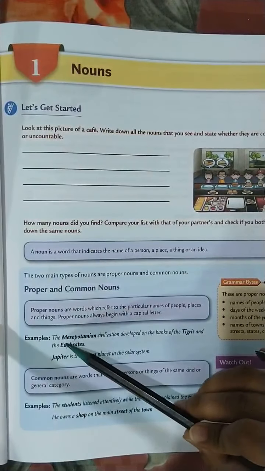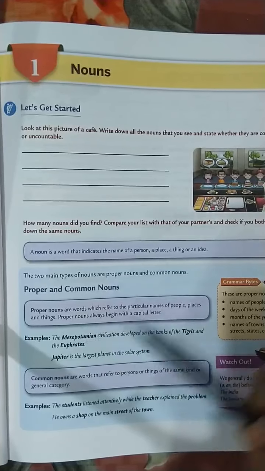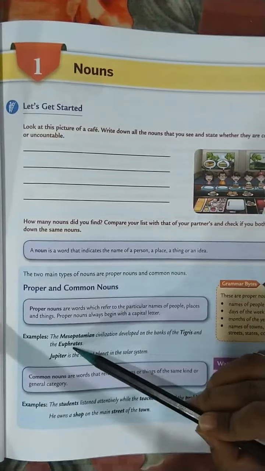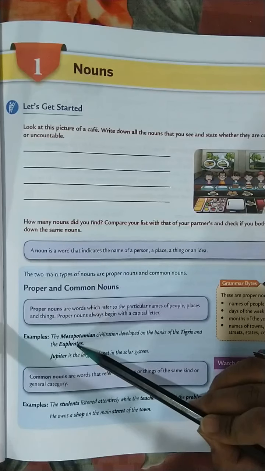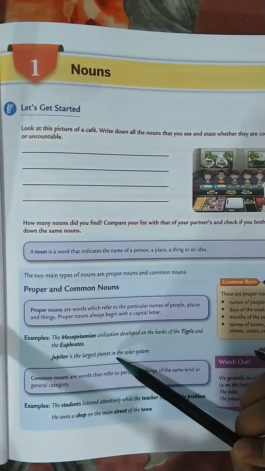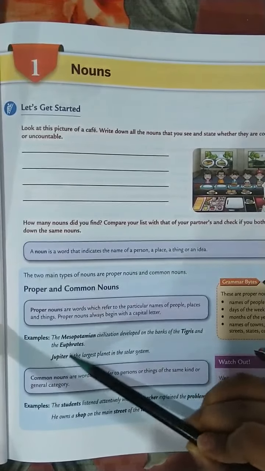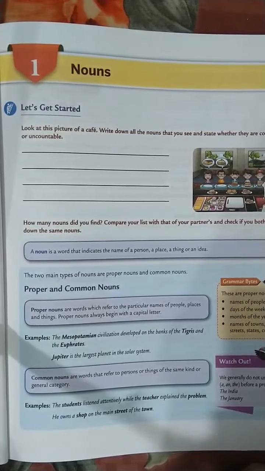See, this Mesopotamian civilization is a name. Tigris and Euphrates are also the names of rivers. Jupiter is the largest planet in the solar system, Jupiter. It's also a name.